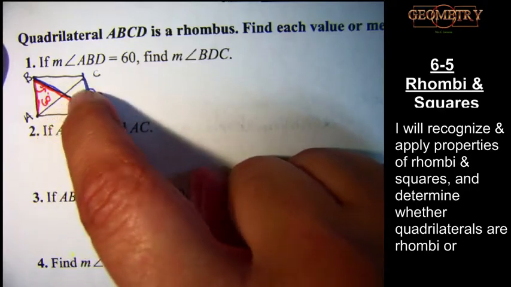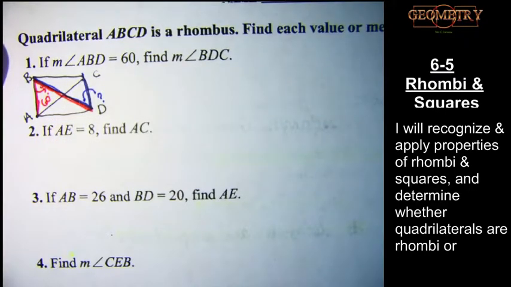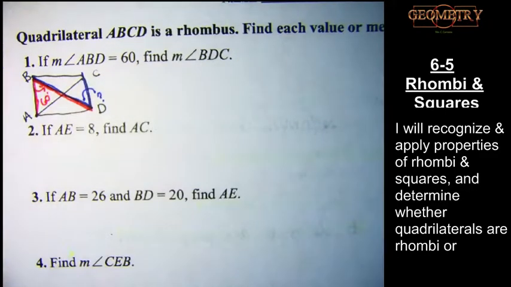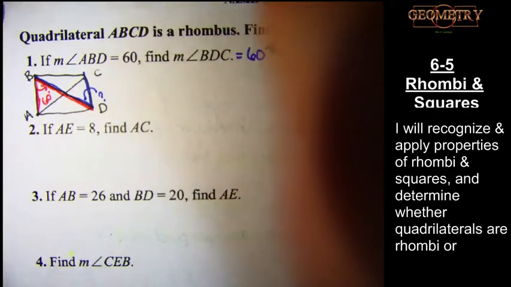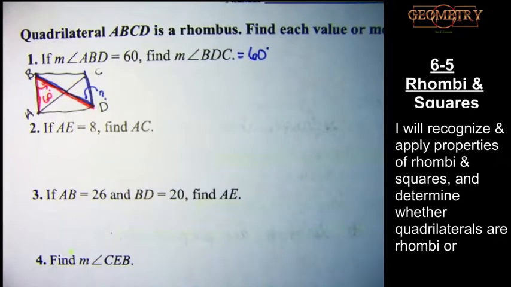Yeah? Okay. It cuts it in. Yeah, these diagonals are cutting the quadrilateral in half. We learned that from that parallelogram, that it cut this thing into 2 congruent triangles, which means those corners are the same measurement. You're absolutely right. This measures 60 degrees. Good job.